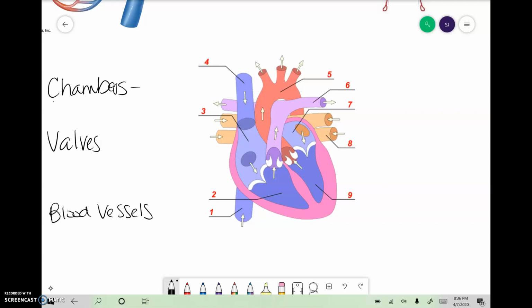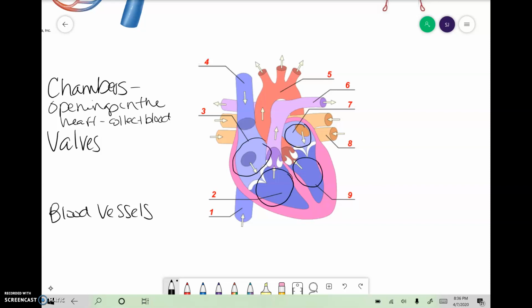So chambers are openings in the heart, and they collect blood. Okay, so again, these chambers collect blood, and you have 4 of them. So these open areas are where blood is collected and then pushed through either to another chamber or into a blood vessel.